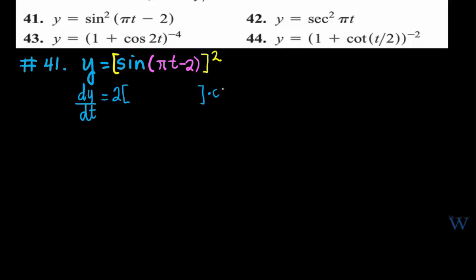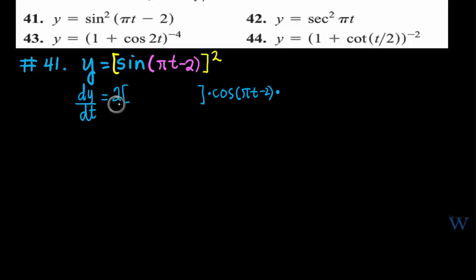So that's cosine of pi t minus 2. We don't stop, we keep going because there are 3 embeddings here. You have the outside, a squared, acting on a sine. Now sine is acting on pi t minus 2.